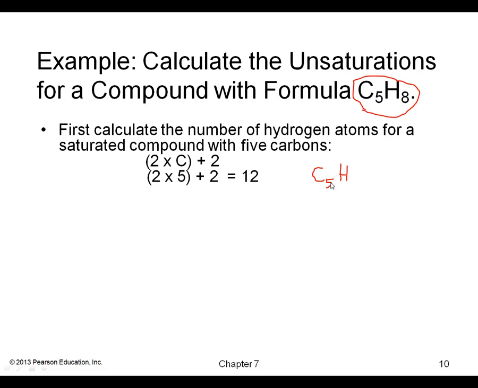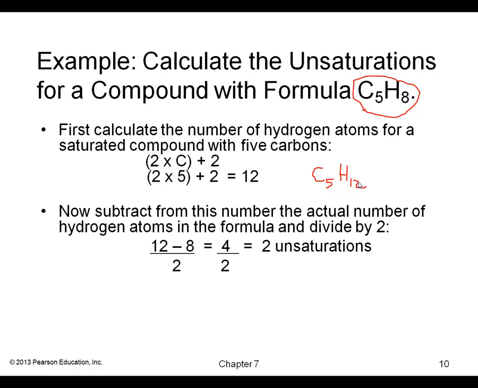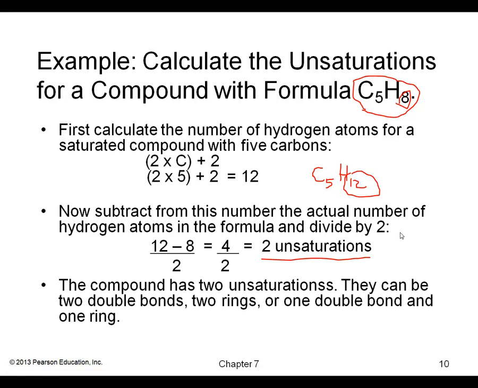So 2n would be 2 times 5, which is 10, plus 2 to give us 12. So that would be the fully saturated case. Now we take our 12 in our saturated case and subtract the 8 from it and divide by 2. So we get 4 over 2, or this compound has 2 degrees of unsaturation.